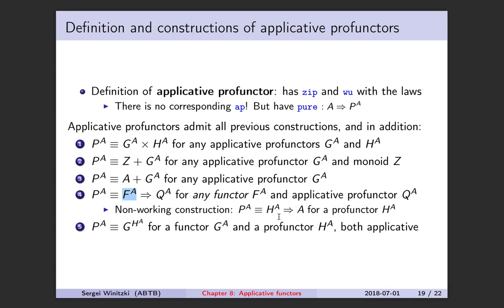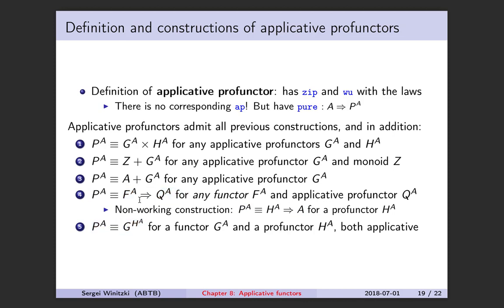It doesn't seem to work for contrafunctors really, or for profunctors. I tried, but I couldn't make this construction work. I could implement the types of zip and the wrapped unit, but I could not get associativity law to hold for this kind of construction. So I don't think this construction works, but these constructions certainly work, and the composition also.